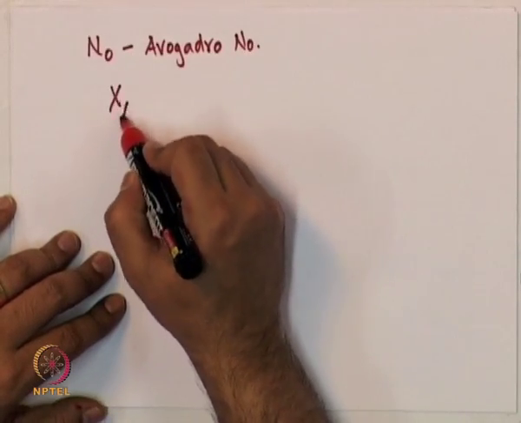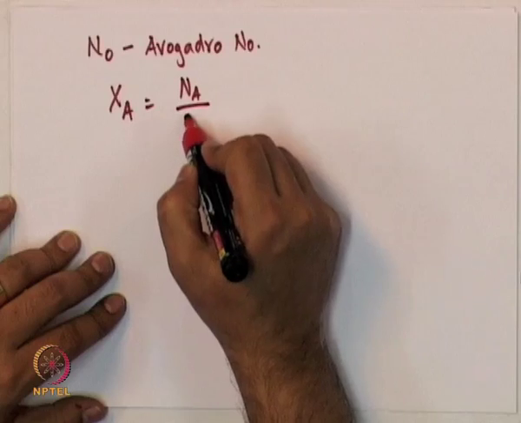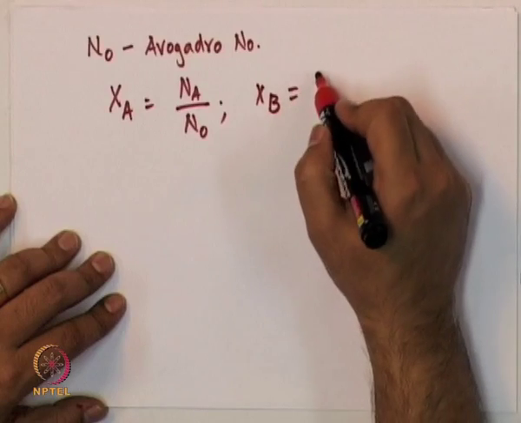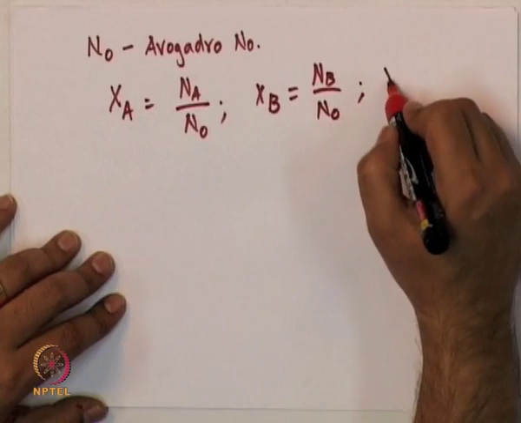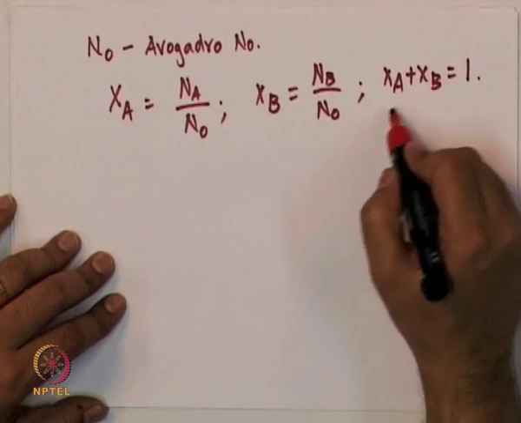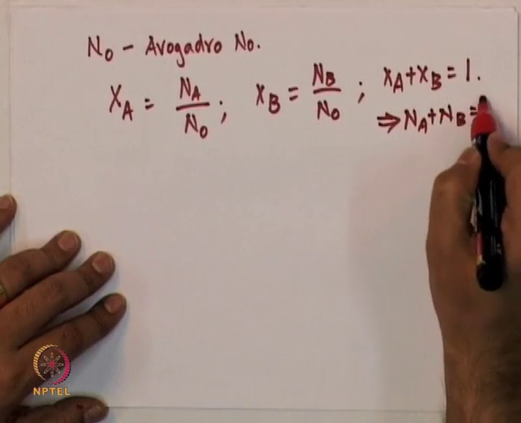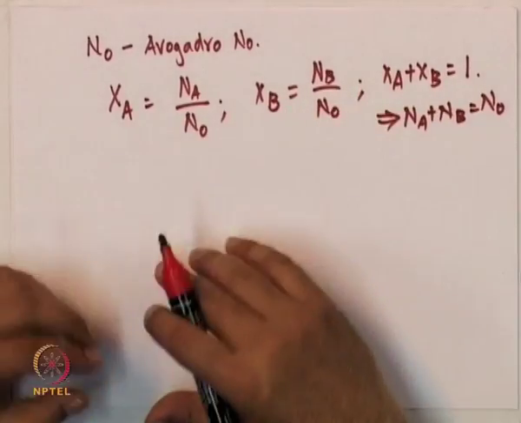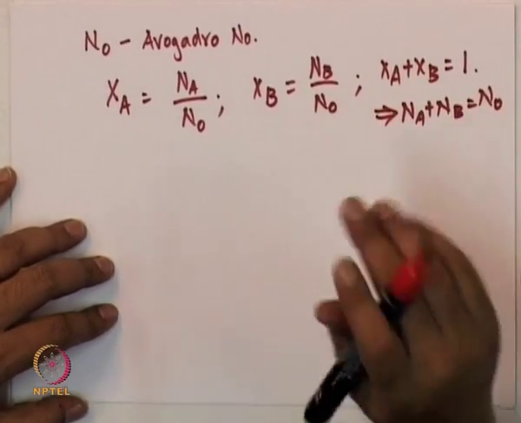So, XA, which is the mole fraction of A, I am going to say is given by Na by N naught, and XB, which is the mole fraction of B, is given by Nb by N naught, and I am going to assume that XA plus XB is equal to 1, which implies basically that Na plus Nb is equal to N Avogadro. In other words, we have only A and B species, nothing else is there. So, the lattice is either occupied by an A atom or occupied by a B atom.